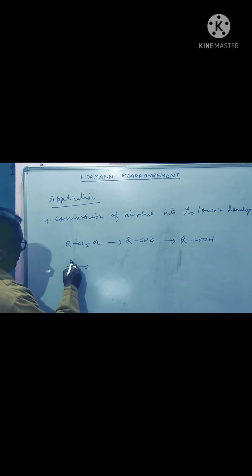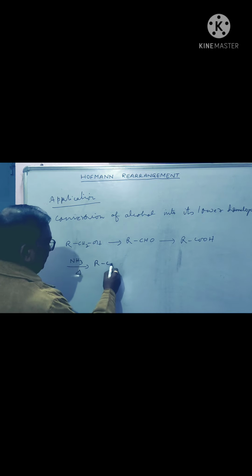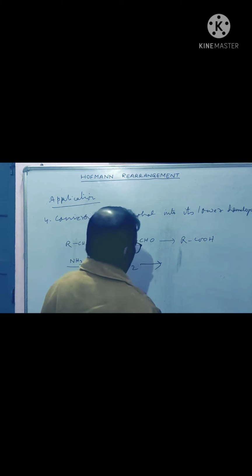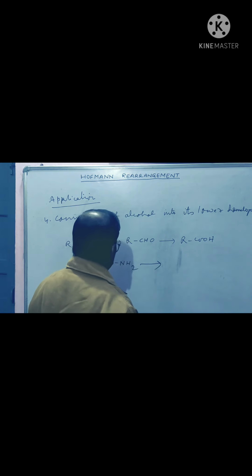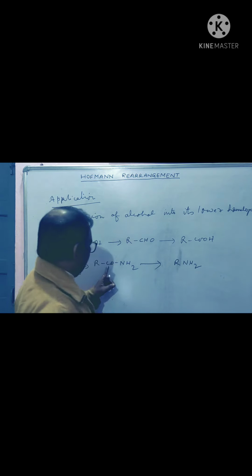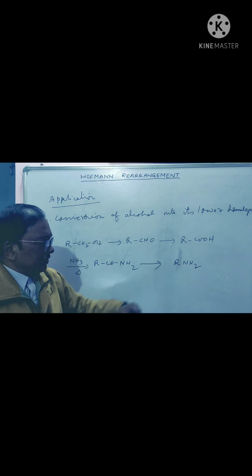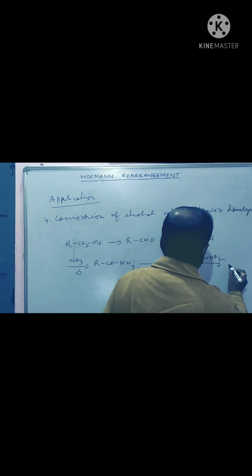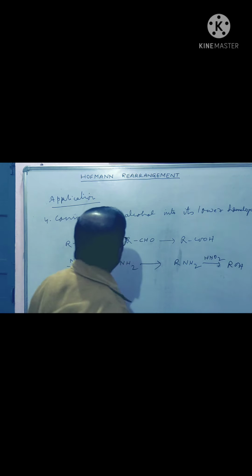When it is heated with ammonia, you will get this amide. When Hofmann rearrangement takes place, you will get this amine. One carbon atom is less here. When it is treated with nitrous acid, you will get this alcohol.